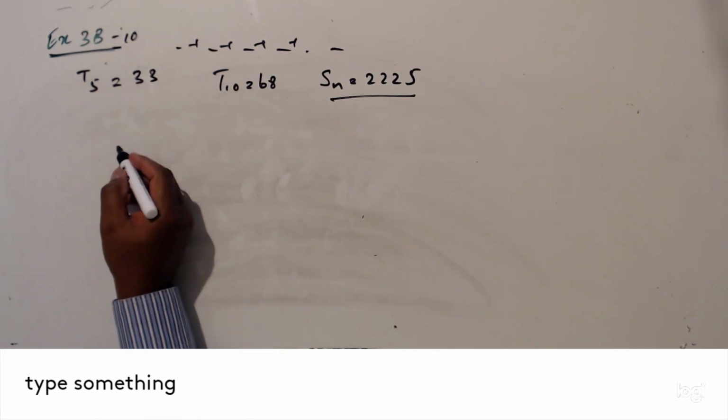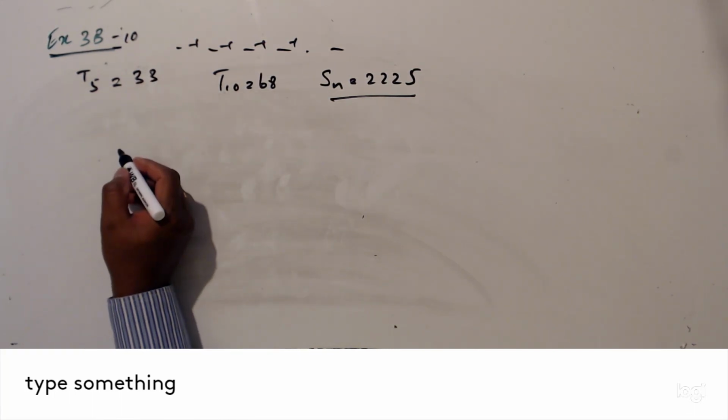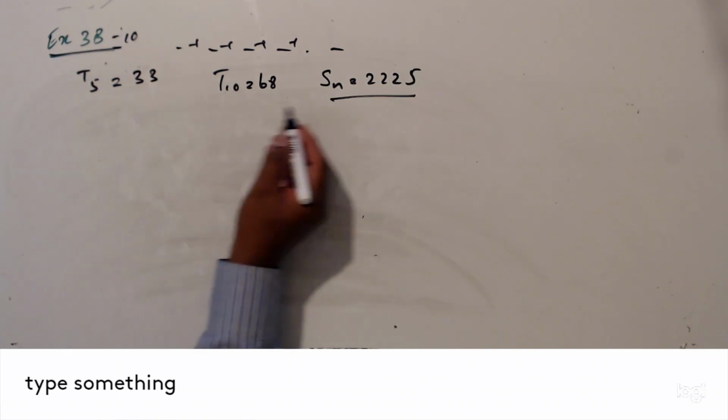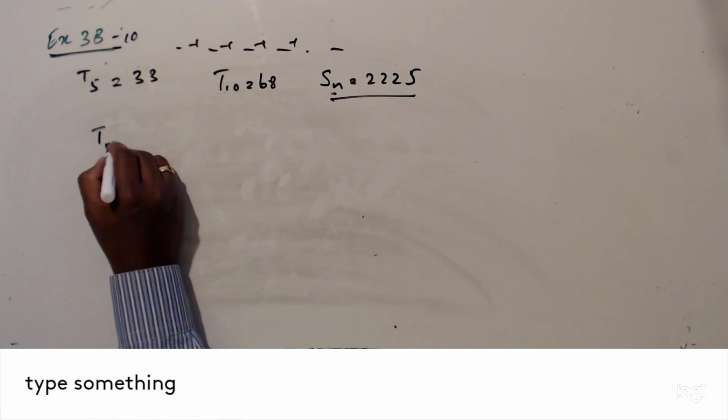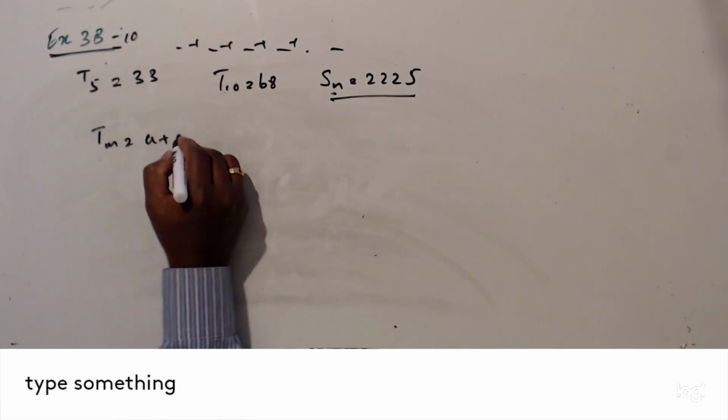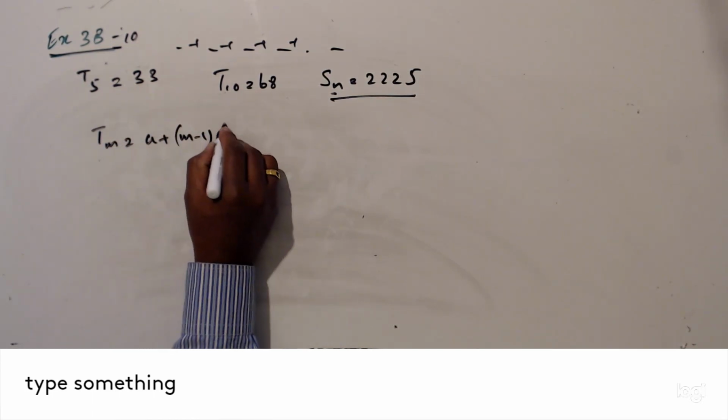For term 5, the standard formula for a term, since n is used here, I write Tm equals a plus m minus 1 times d.